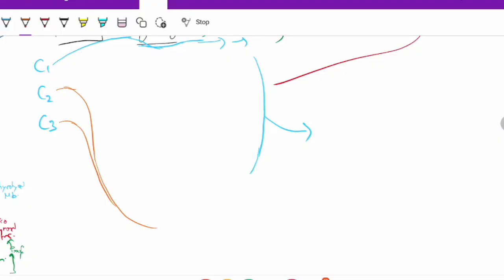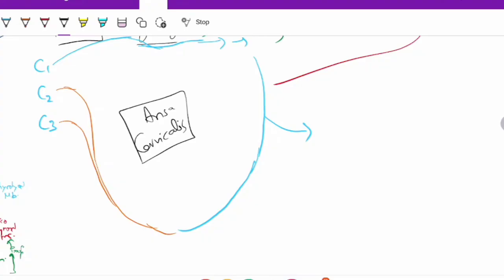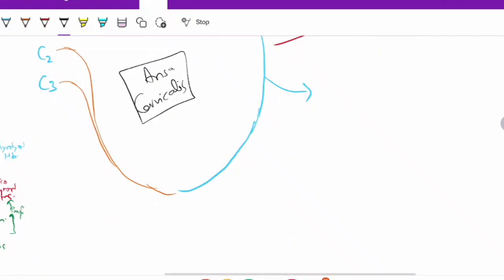So C2, C3 from their point of origin and C1 at the point of entry into the tongue go inferiorly and form an arch-like structure in the neck. This very important structure is known as the ansa cervicalis. Now you must be thinking, what is the job of this ansa?